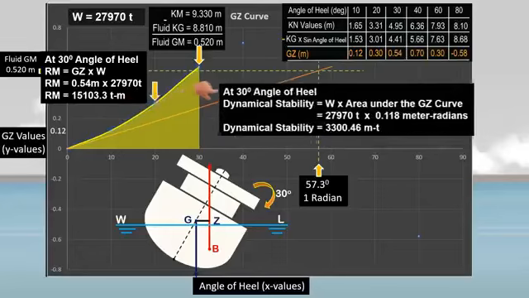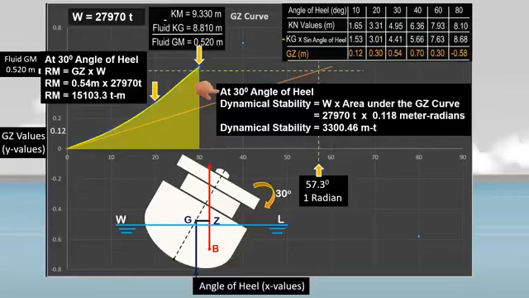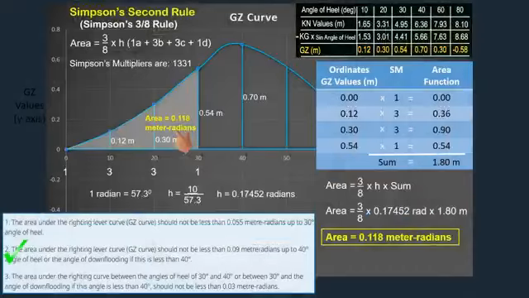To determine the dynamical stability at a 30-degree angle of heel, multiply the ship's displacement by the area under the GZ curve up to 30 degrees. The dynamical stability is 3,300.46 meter-tons. In my previous video, I showed you how to calculate this area under the GZ curve at an angle of heel of 30 degrees using Simpson's second rule. If you want to see the full details, kindly check the link in the description below.